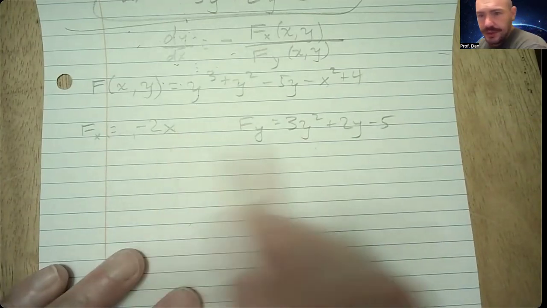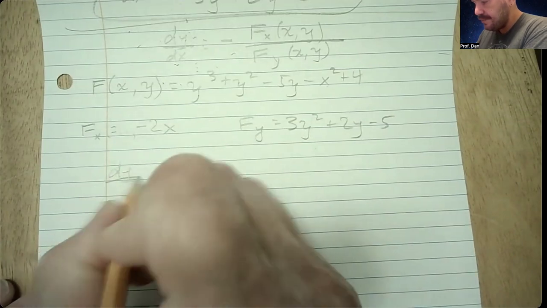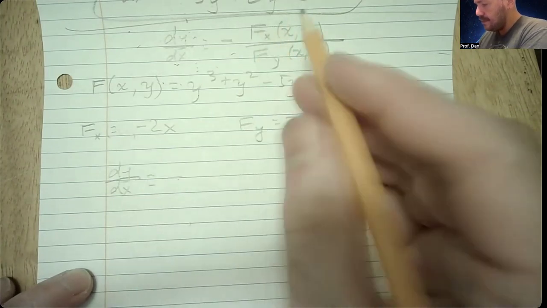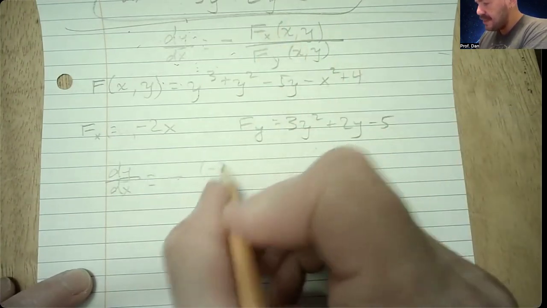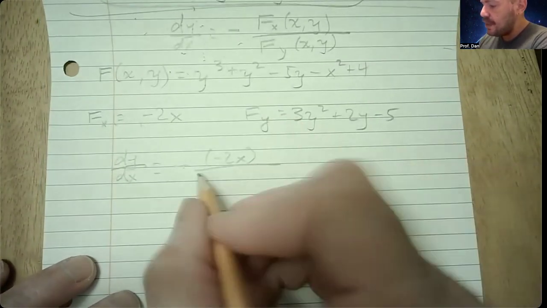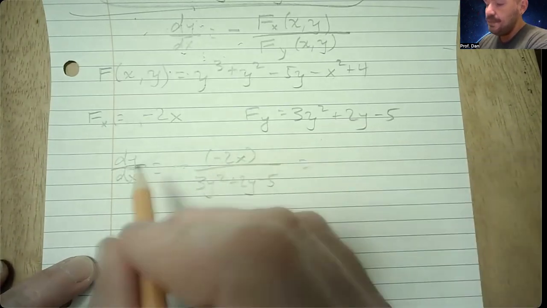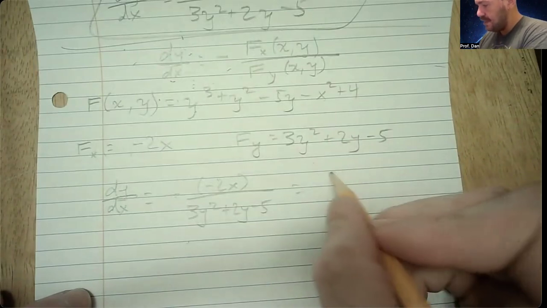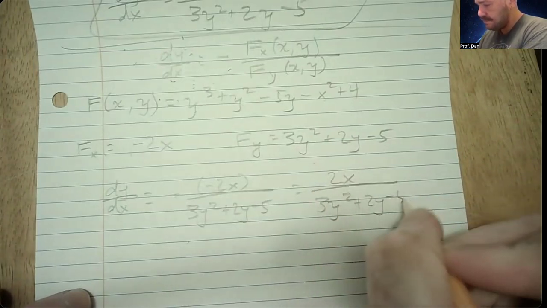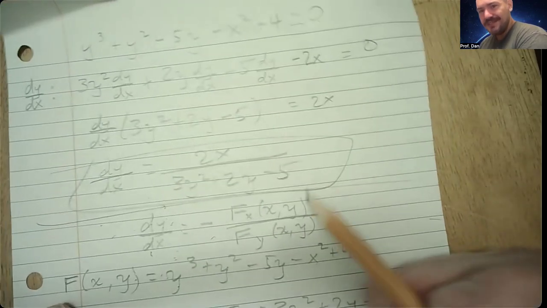So now that we have both of these first partial derivatives, I can get dy dx by doing negative derivative with respect to x, so minus 2x, divided by derivative with respect to y. And if we multiply those negatives, you know what we get? We get the exact same thing that we got up here.